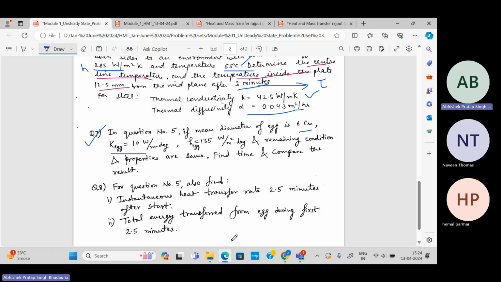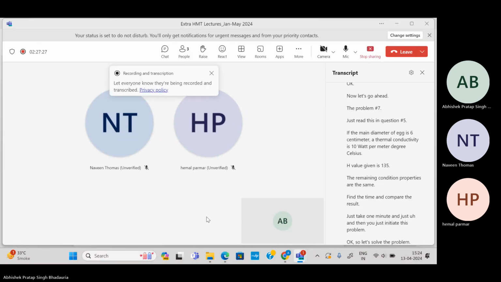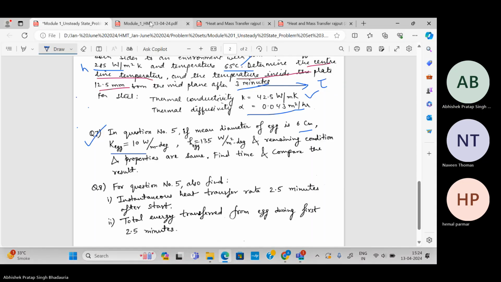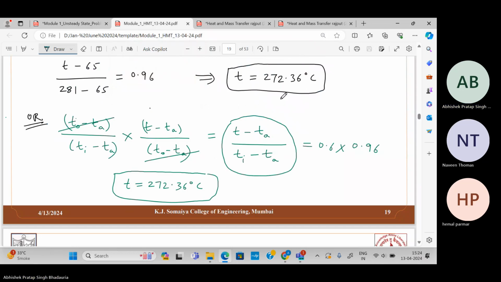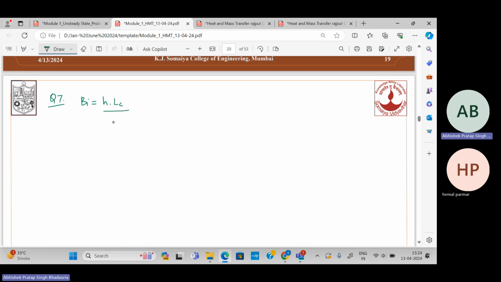Okay, so let's solve the problem 7. In the problem 7, we will calculate Biot number, and Biot number is h Lc by k.